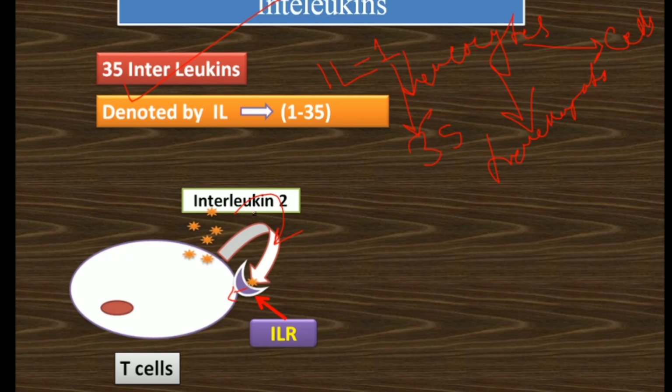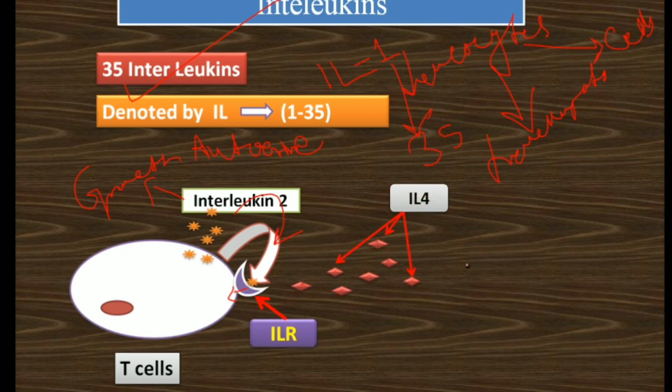This interleukin 2 will bind to the interleukin receptor of the same T cell, and this type of signaling is also called autocrine signaling. Autocrine means same cells and paracrine means different cells within the same organism. T cells also secrete interleukin 4, right?